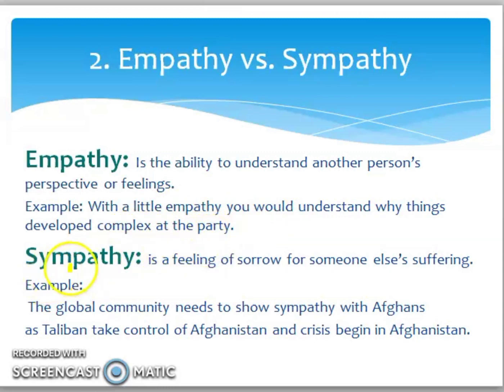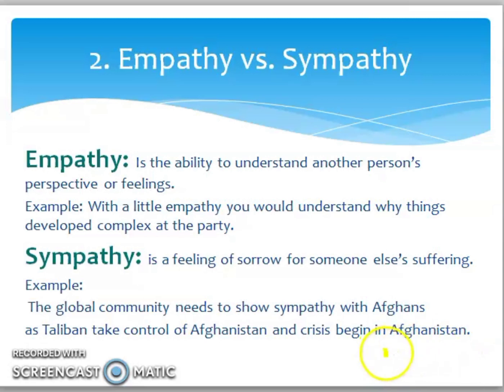The next word in this pair, sympathy. Path is a root which means feeling. Sympathy is a feeling of sorrow for someone else's suffering. So the example: the global community needs to show sympathy with the Afghans as Taliban take control of Afghanistan and crisis begins.